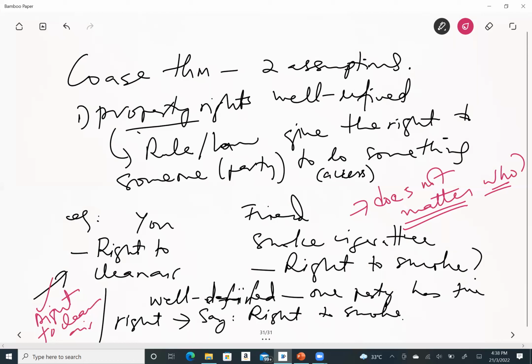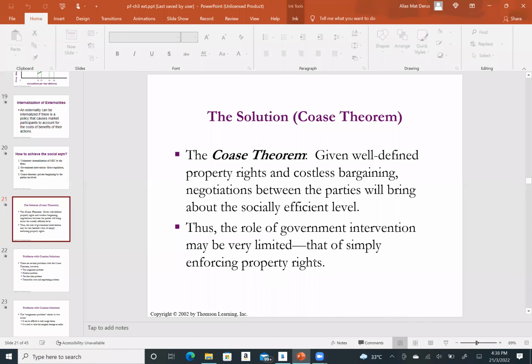So the role of the authority, the role of the government, is only to make some rule, assign property right, and enforce that. Don't just assign. The problem with government is they assign property right, but there is no enforcement.